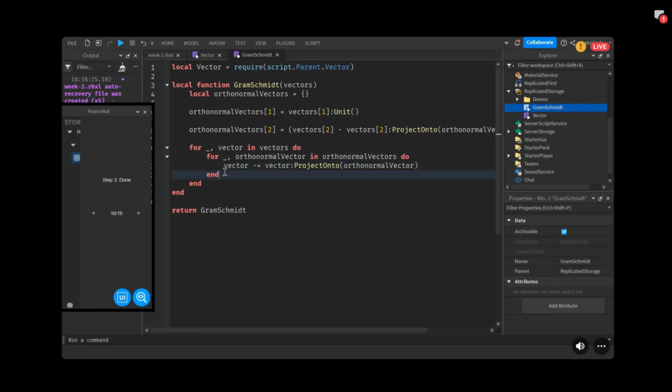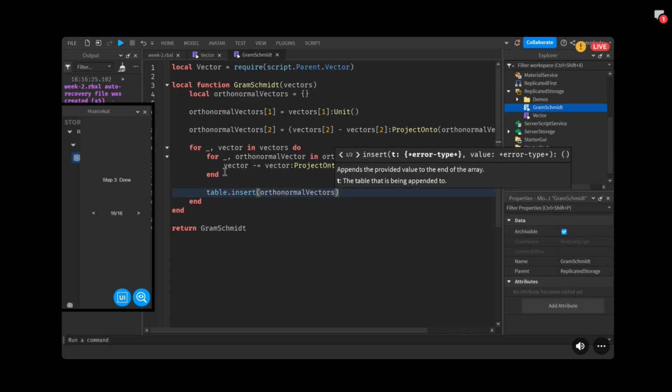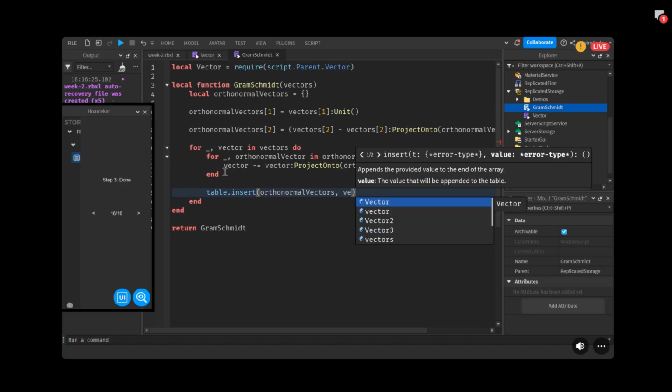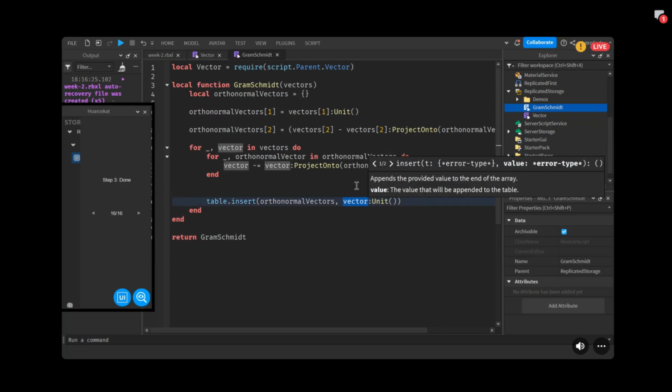Okay. And now the last thing we have to do is normalize it. So we'll just insert into our orthonormal vectors table the vector of unit length. Well, not quite, because there's an issue of again, what if the vector's magnitude is 0?